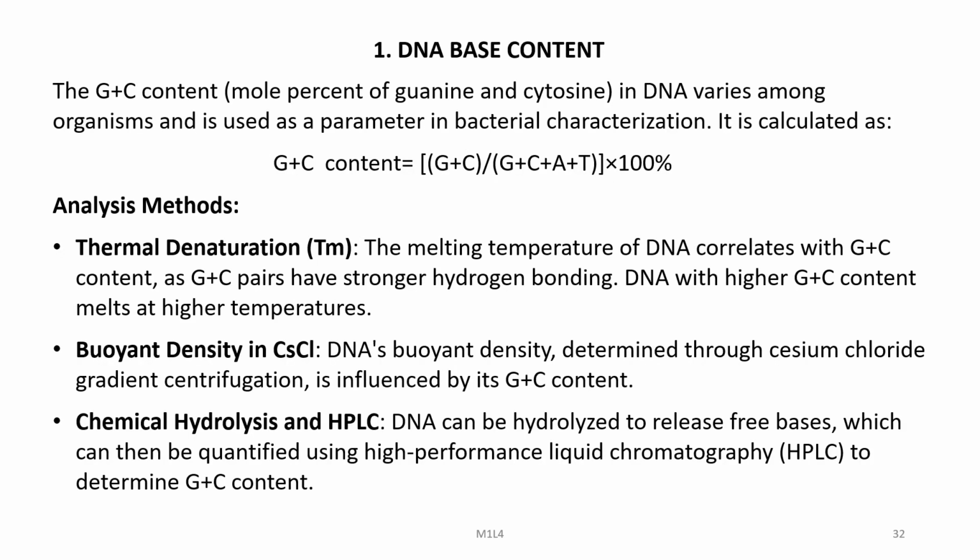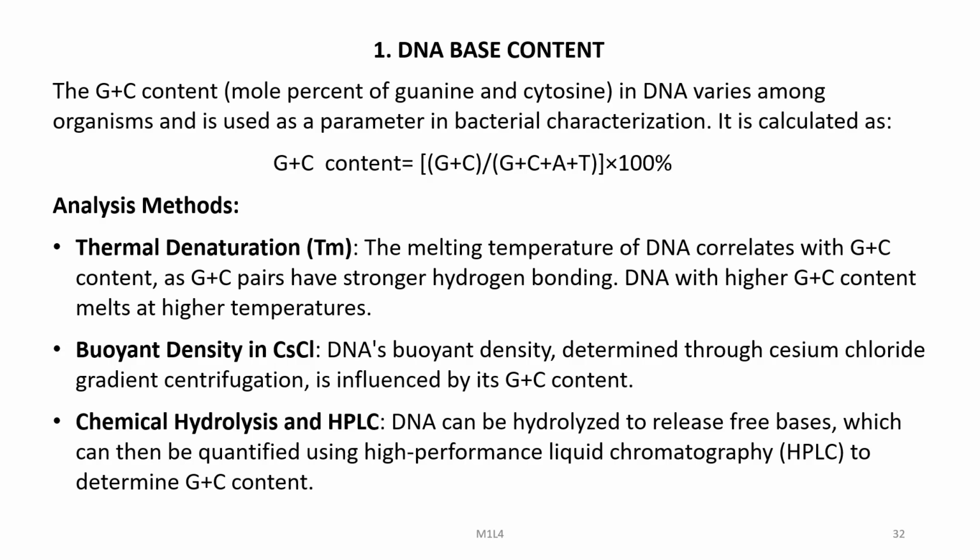One of the important aspects of this genotypic classification is DNA base content, or the amount of base composition. Particularly the GC content, which is the mole percent of guanine and cytosine taken together in DNA, varies among organisms, and this variation is used as a parameter in bacterial characterization.